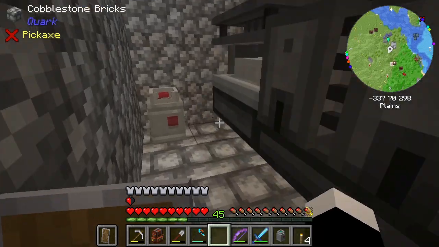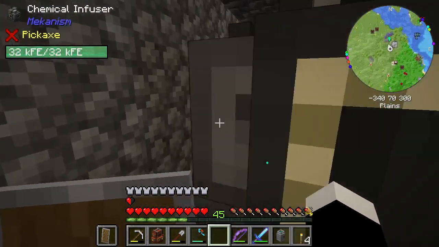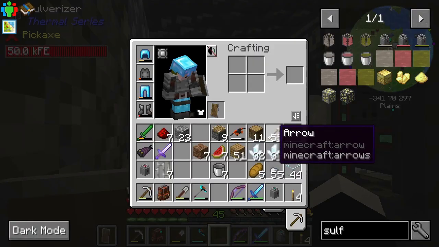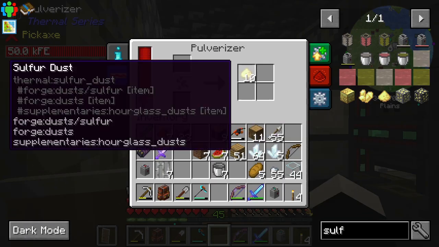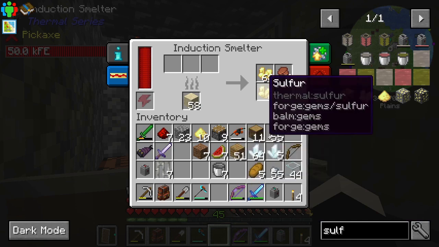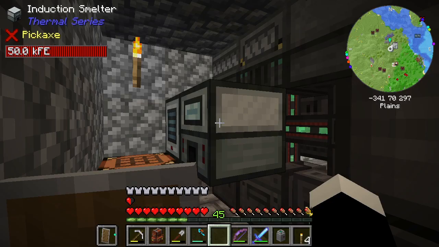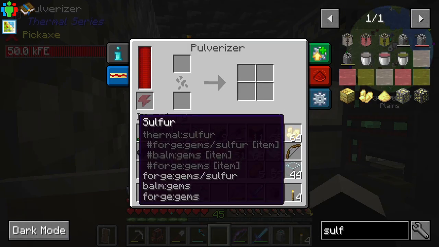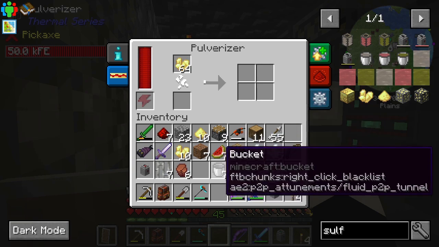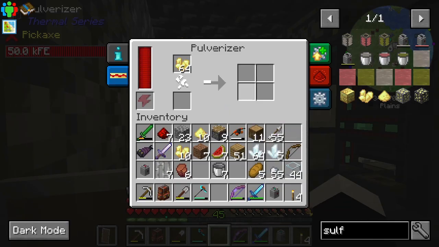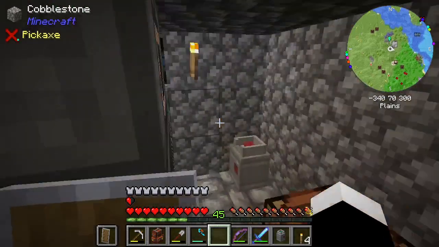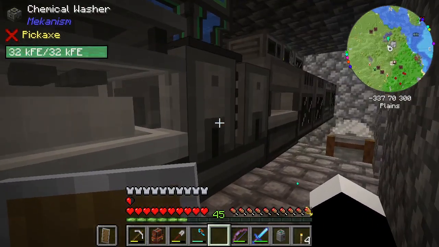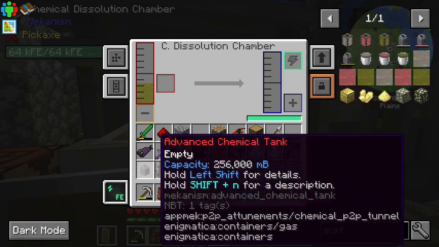I'll eventually have enough sulfuric acid to... Yeah, here we go. Yeah, I got a pretty good amount of sulfur out of that. But I might as well show you the process anyway.